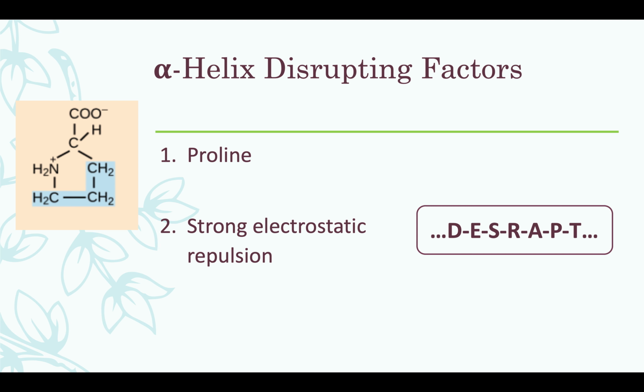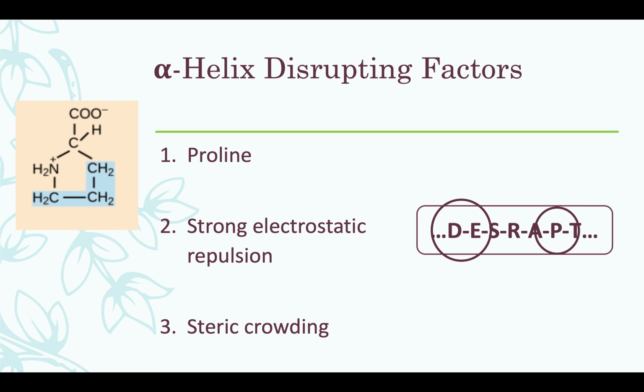Upon looking, you notice that it has two successive negatively charged amino acids, your D and E amino acids. Also, you notice that proline is present. So we can deduce that it cannot have an alpha helix structure because of the presence of these disrupting factors.